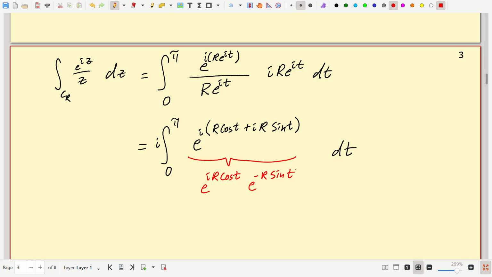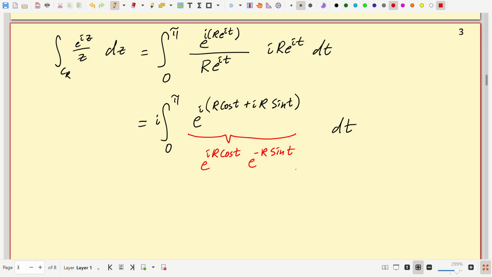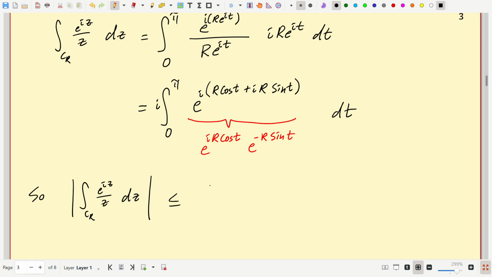And so if I take the modulus of this thing, the modulus of the integral I'm interested in is less than or equal to the integral from 0 to pi. Modulus of i is 1, so I'll put that there, 1.